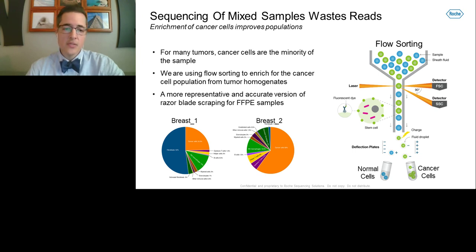The tumor on the left, we're going to have to sequence to much higher depth to get the equivalent depth of the tumor on the right, which will potentially cost time and maybe even resequencing. So our goal here is to use the same methodology that enables flow cytometry of these fixed samples, and then sort these tumors to enrich for cancer cells prior to creating our NGS library.